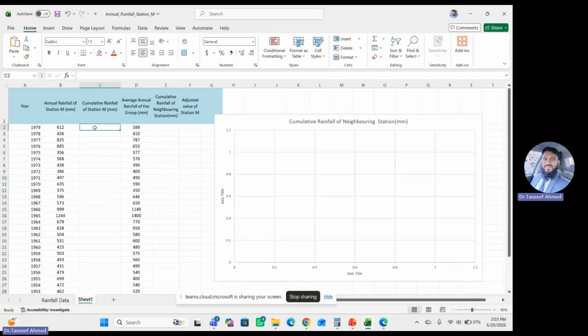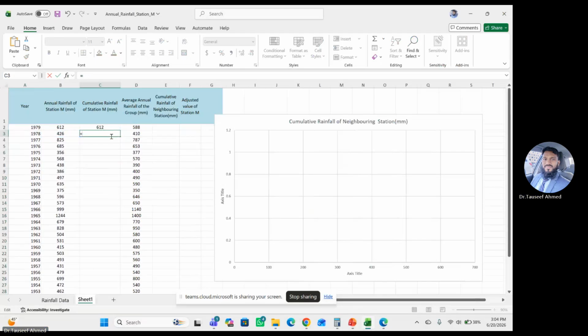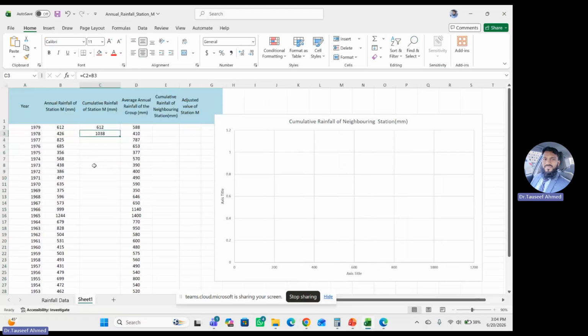How I did this, see here. I will take the cumulative rainfall for 1979 as it is. So here it will be the same, 612 here, 612 here. Then I will add 612 plus 426, and I get 1038.